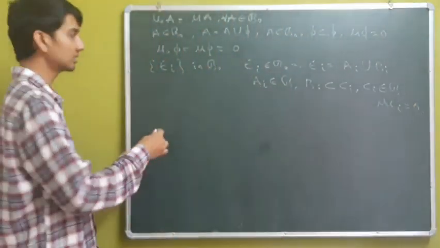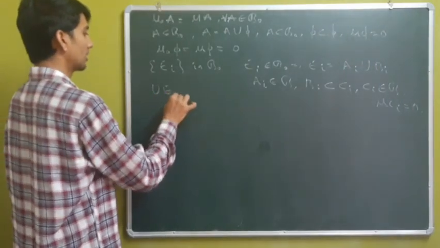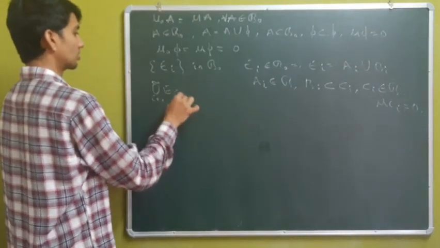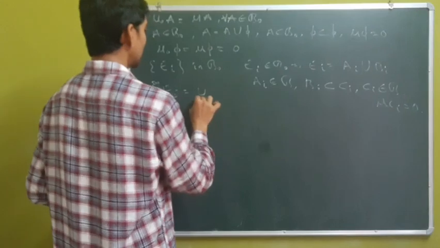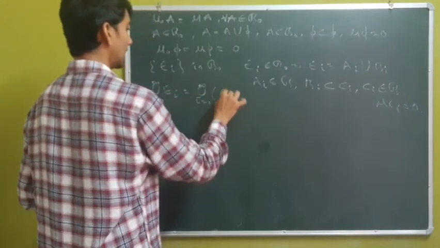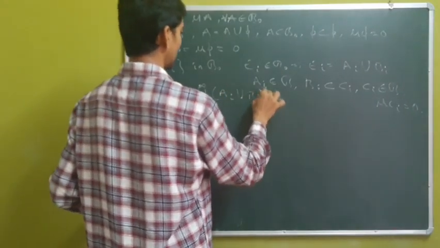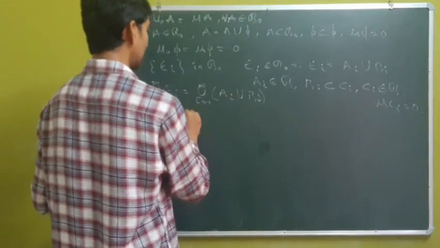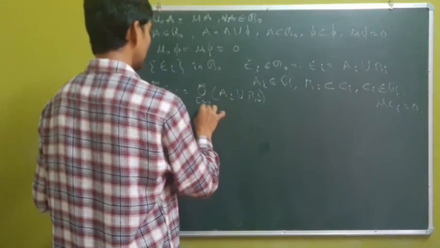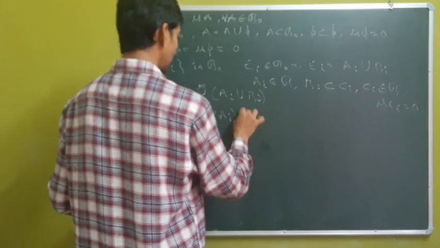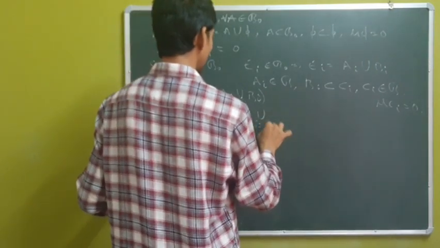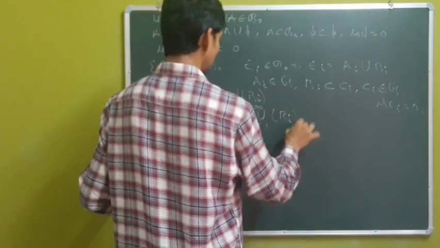Having this, I will consider the countable union of the E_i. This is the same as the countable union of A_i union B_i, which is nothing but the countable union of A_i union the countable union of B_i.